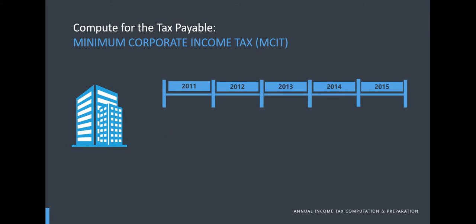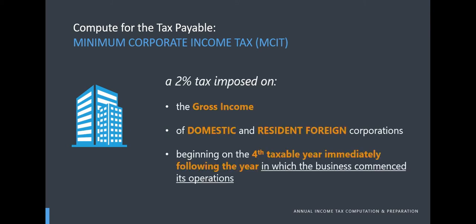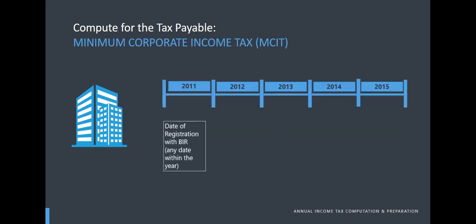The term the business commenced its operations is the date of registration with the BIR and not when the taxpayer actually started his operations. So it is the date of registration with the BIR.